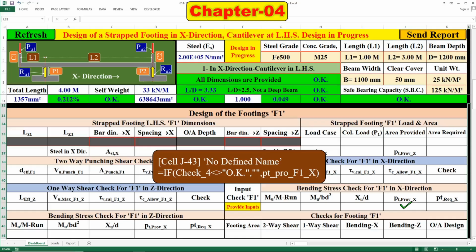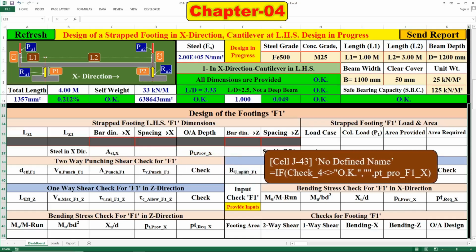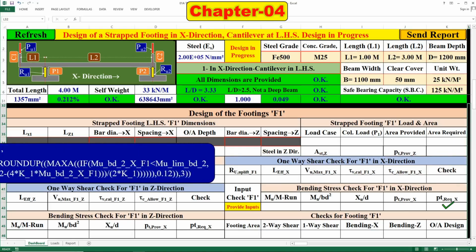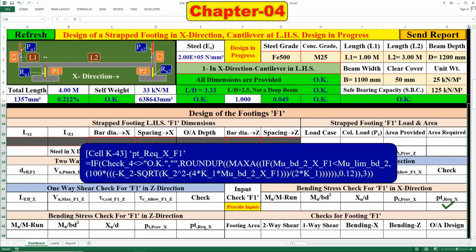Otherwise, the value will be equal to PT_PROV_F1_X. Here, PT_PROV_F1_X is the value of the percentage of steel that we calculated earlier in cell F37.